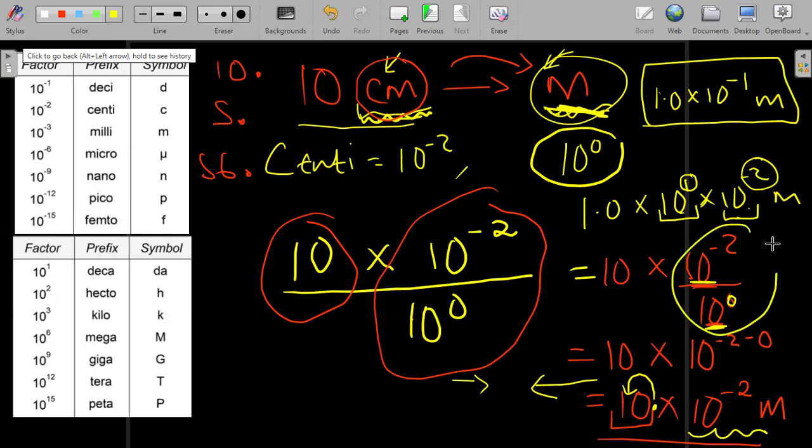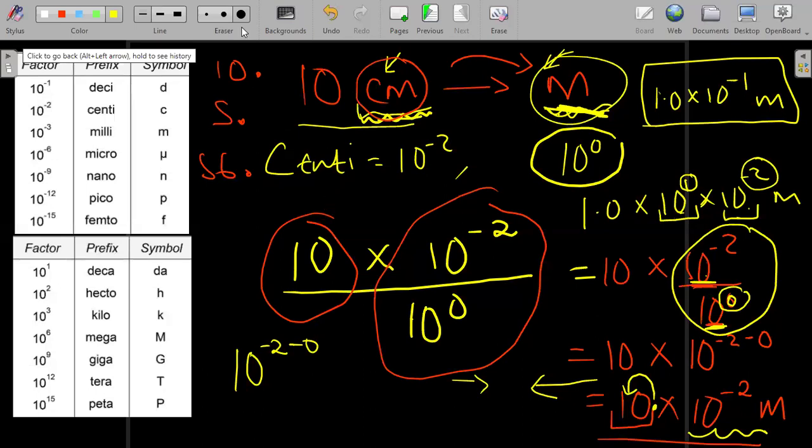So we can combine these by what we call the laws of indices. Since the base is the same and we are dividing, to write it as one expression, we just say 10 to the power minus 2, and then we subtract the power that is below there, which is 0. So that's what I did there. Is it okay?